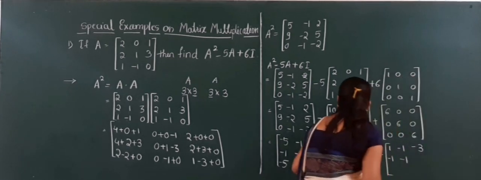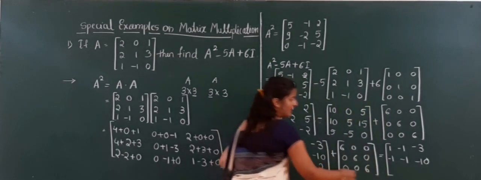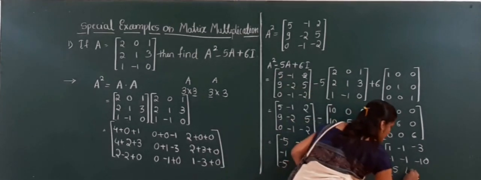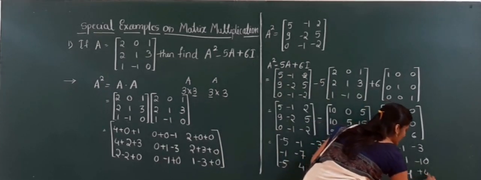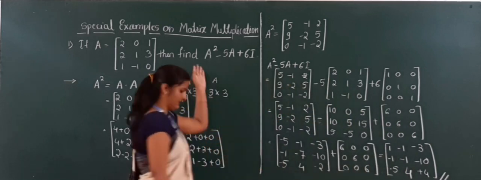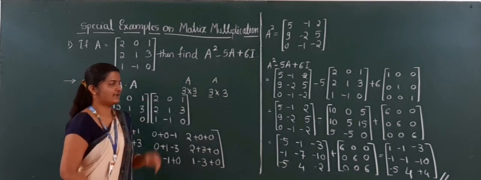Minus 1 minus 10 plus 0, minus 10 minus 5 plus 0, minus 5, 4 plus 0, 4 minus 2 plus 6, plus 4. So this is the value of our given expression, A square minus 5A plus 6I.